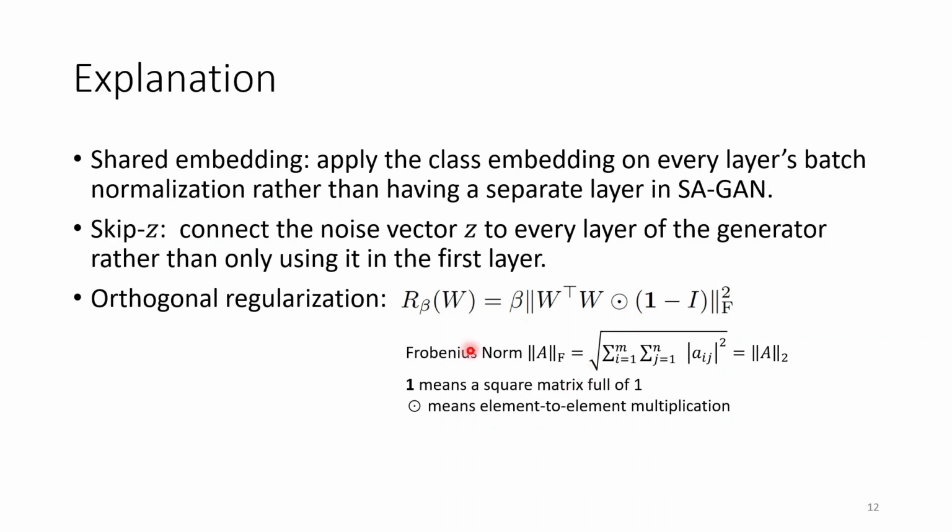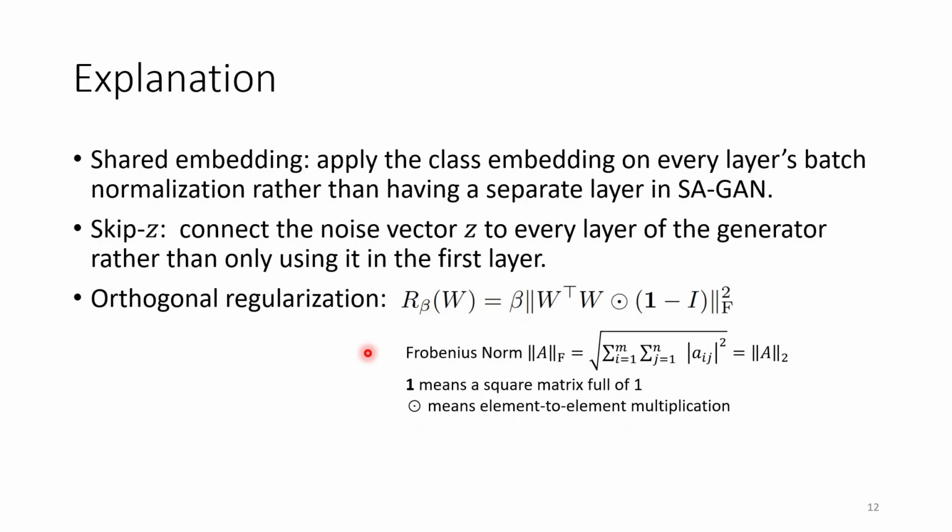So what does orthogonal regularization mean? Because there are a lot of parameters, right? And do you still remember the meaning of regularization? We talked about it in the middle of the semester. It means we sometimes want our parameters to have certain properties.